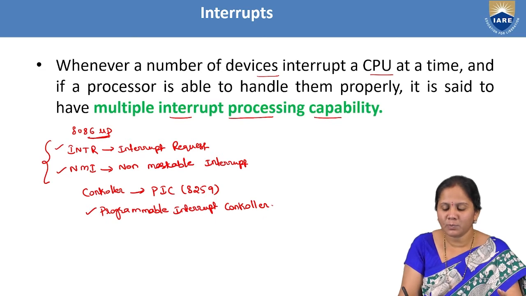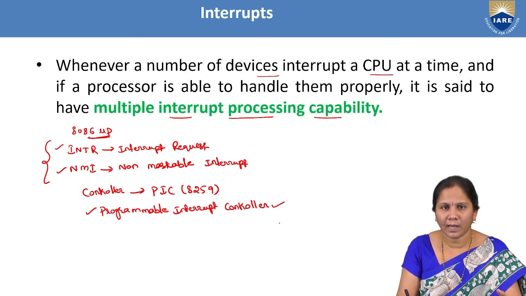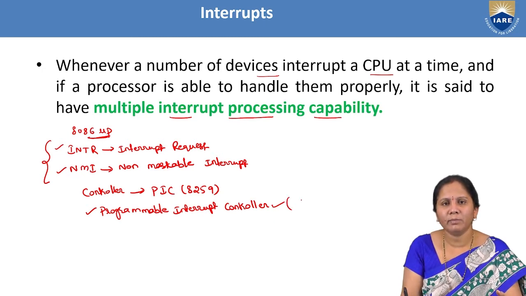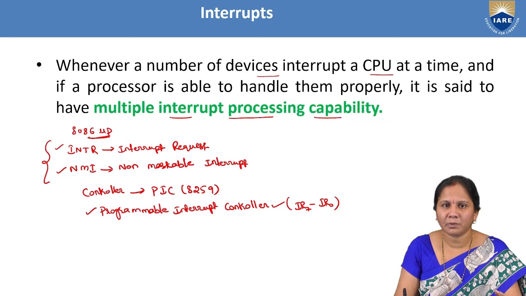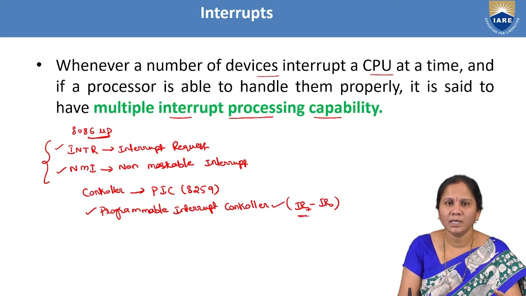Why? Because this programmable interrupt controller is an IC which has interrupt pins. The 8259 IC has pins IR0 to IR7, where IR represents interrupt request 0, interrupt request 1, interrupt request 2, and so on up to interrupt request 7.